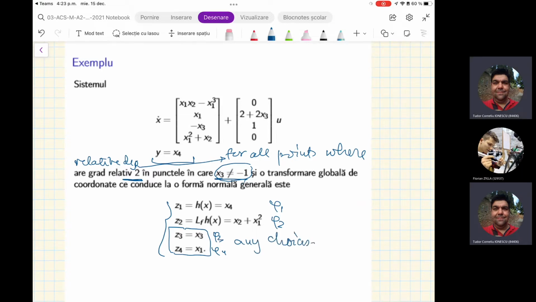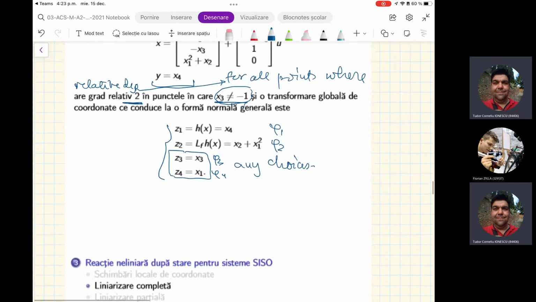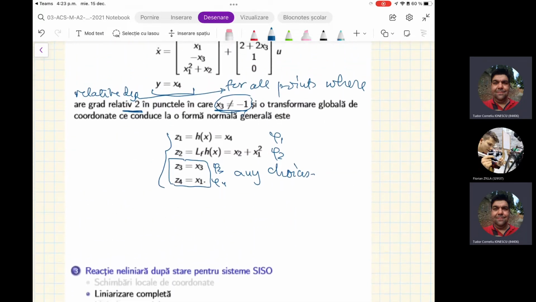So we chose the simplest form for phi 3 and phi 4, and it takes you to the general normal form.